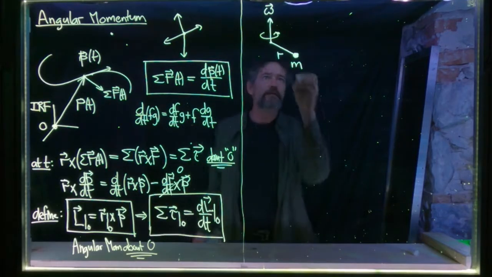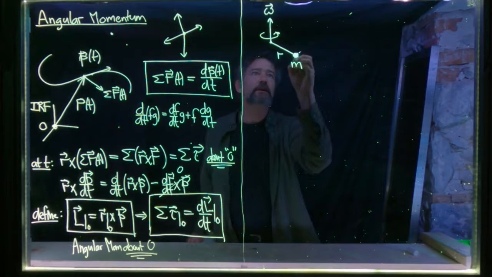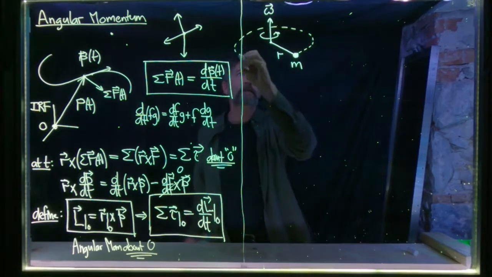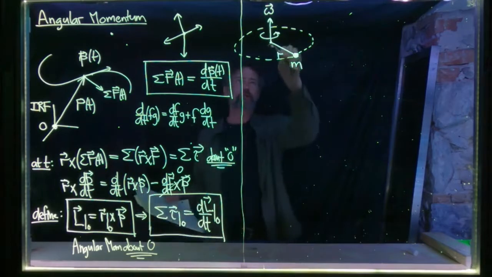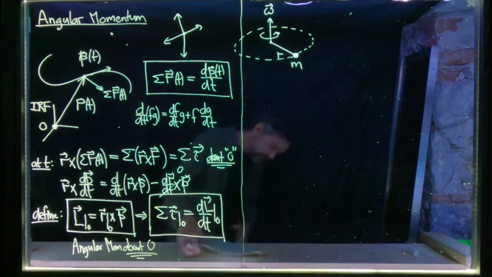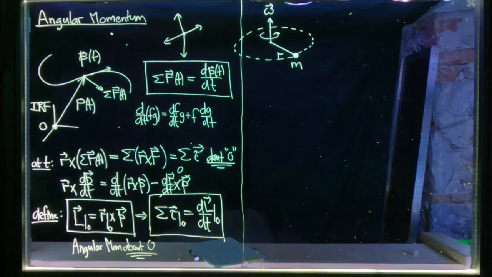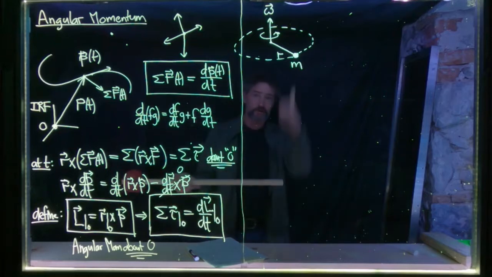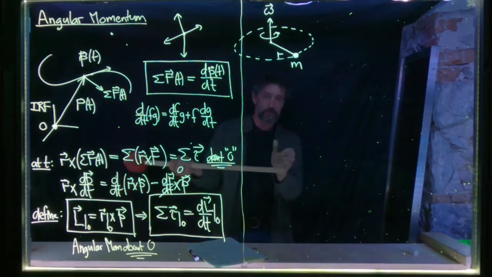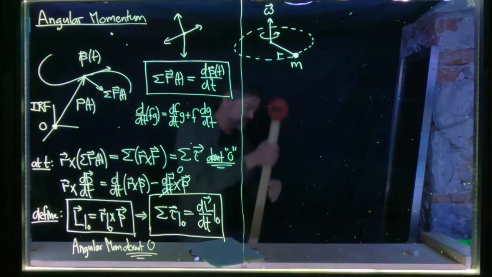And this mass m is rotating around in a plane which is perpendicular to omega. So we have this body here rotating in a horizontal plane, around and around. And the angular velocity is in that direction, which means it's rotating this way. That's the situation we've got.